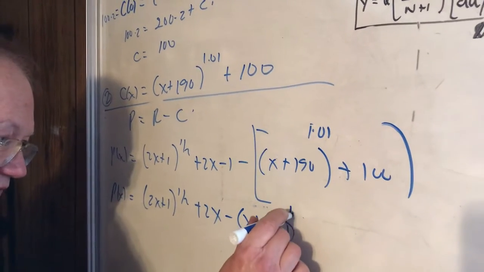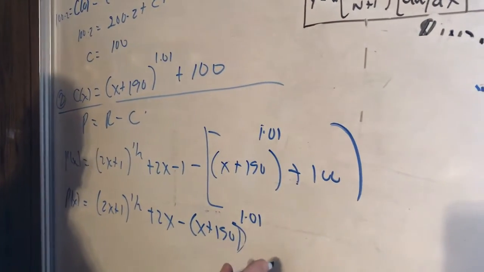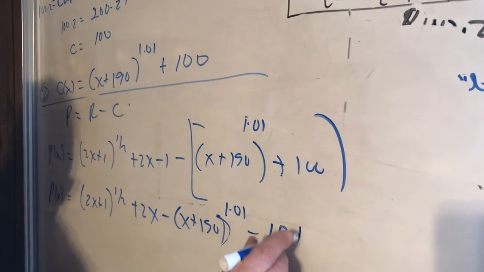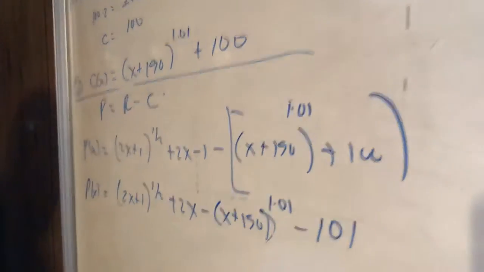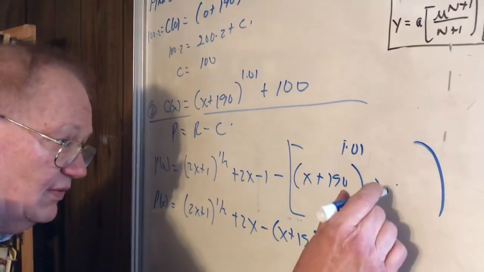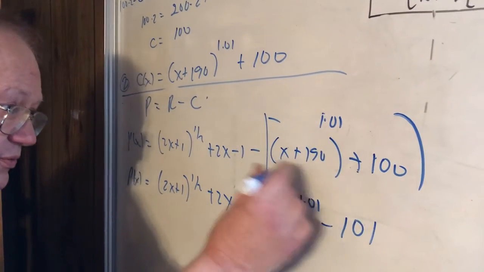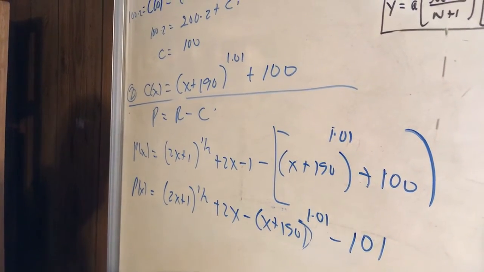Sorry, I'm getting a little sloppy. This is going to be minus 100 minus 1, which is minus 101. And when you distribute the minus, it's minus 100, minus 1, so minus 101.